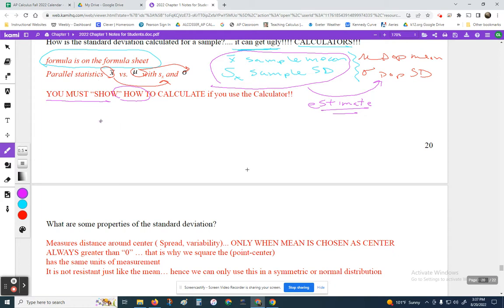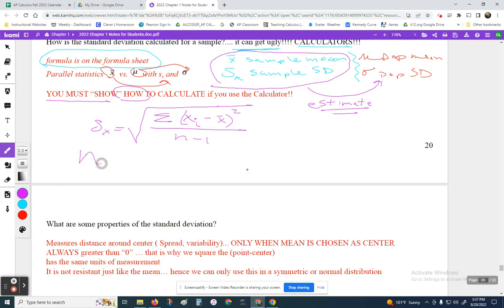So the standard deviation of x is equal to the square root of the sum of all the x values. You may see it in a book. This means the different x values. You can change i to 1, 2, 3, 4, 5, 6, all those different numbers, minus x bar squared, over n minus 1.